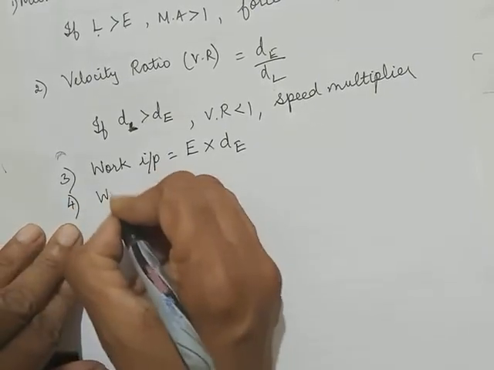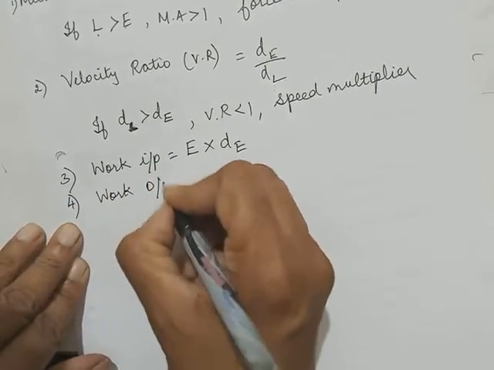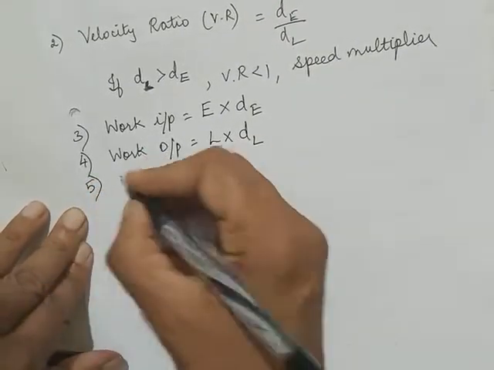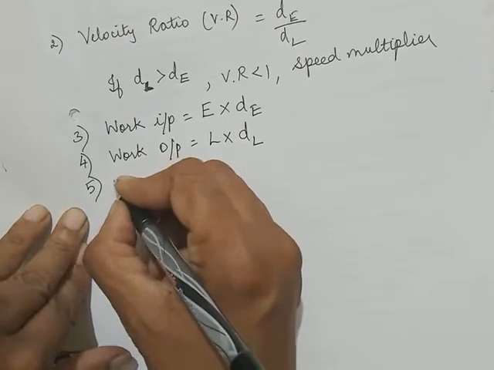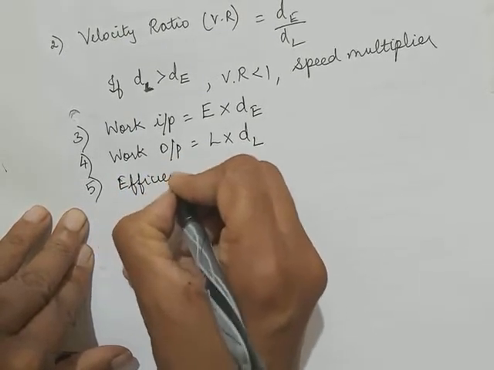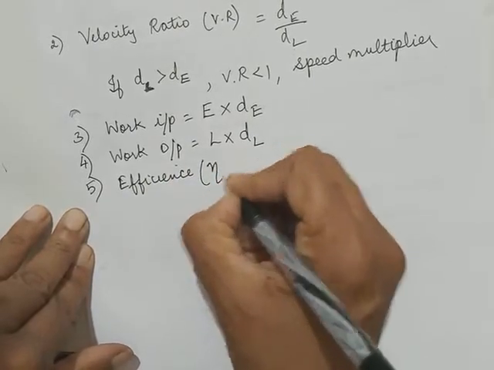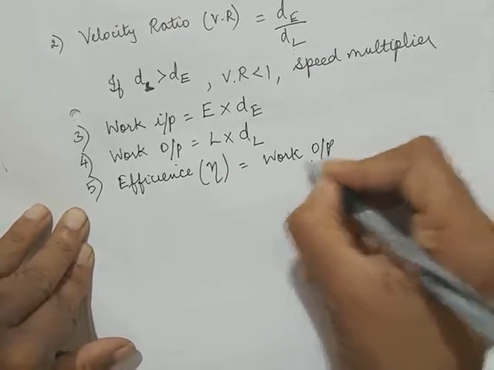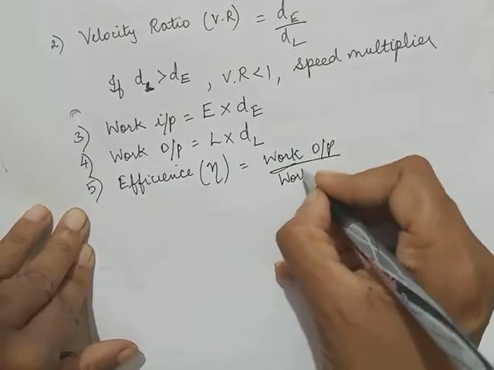Fourth one, work output, that is load into distance traveled by load. Then fifth one, efficiency. Efficiency, eta, is equal to work output upon work input.